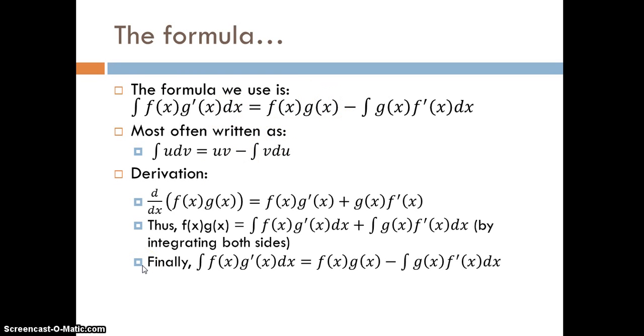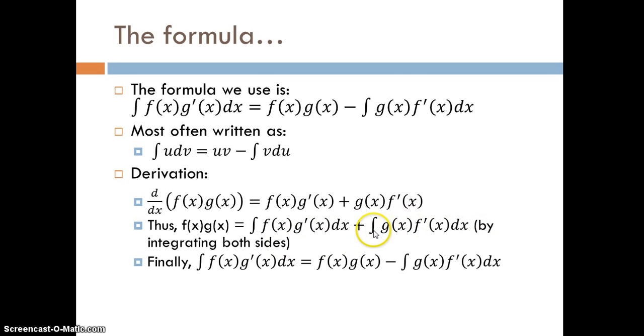So where does this formula come from? Well, if we were to take the derivative of a product, f of x times g of x, then we would get f of x times g prime of x plus g of x times f prime of x. That's just the product rule. Now, going up a level, if we integrate, we would notice that f of x times g of x is equal to the integral of f of x times g prime of x dx plus the integral of g of x times f prime of x dx.